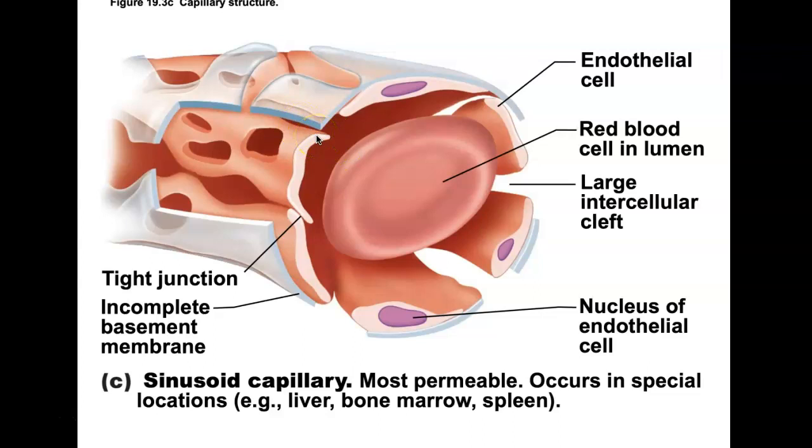So that's what we were talking about. These capillaries also have incomplete basement membranes. They are irregularly shaped and have large lumens in comparison to the other two types of capillaries that we discussed.